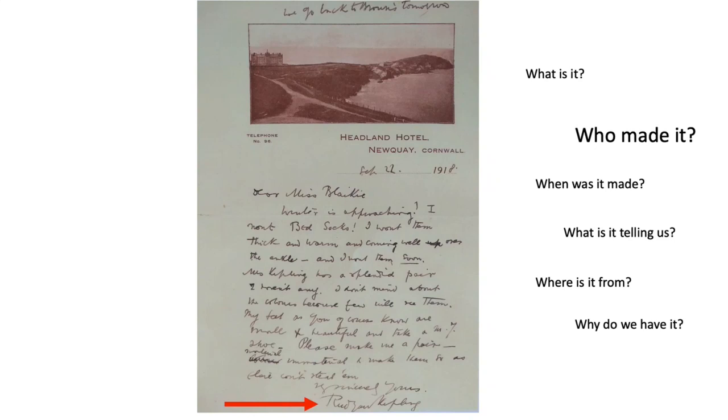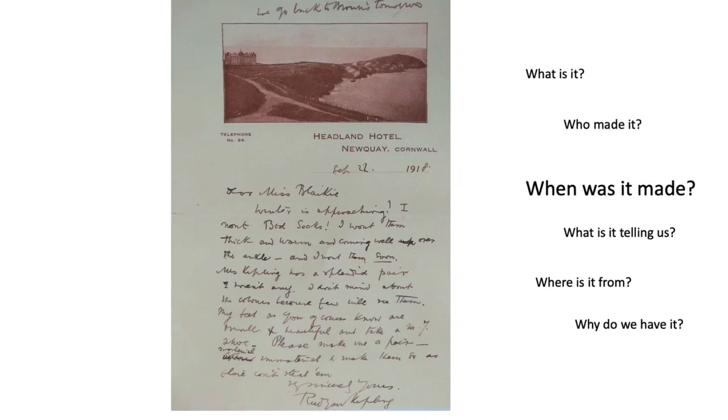Rudyard Kipling was a journalist, writer, and poet, and a novelist. Born in 1865, died in 1936, and is probably best known for writing The Jungle Book and the Just So stories. But you can easily look up Rudyard Kipling to find out more about him.